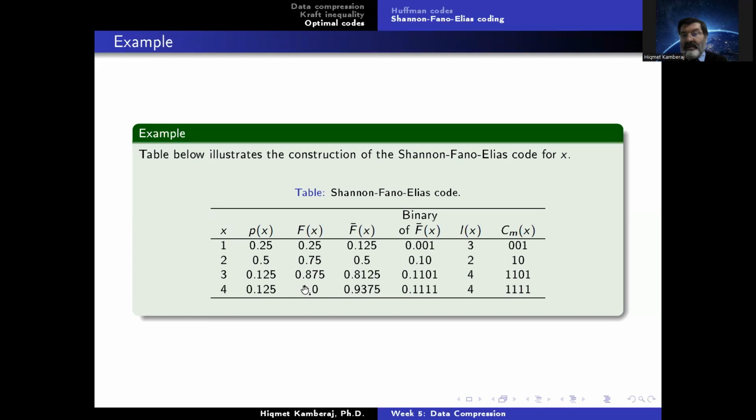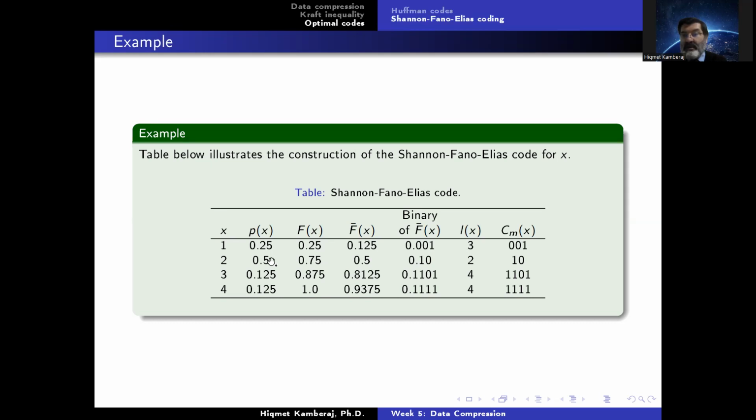Then F of 4 is the sum of all p's, which is 1 in that case. Then f bar of x is first p of x over 2. F bar of 1 is p of 1 over 2, which is 0.125. Then f bar of 2 is equal to p of 1 plus p of 2 over 2.